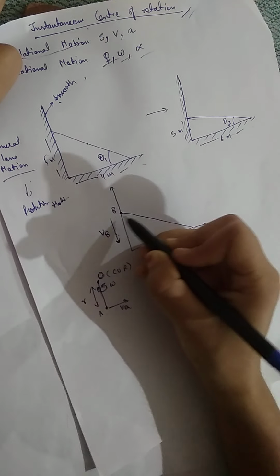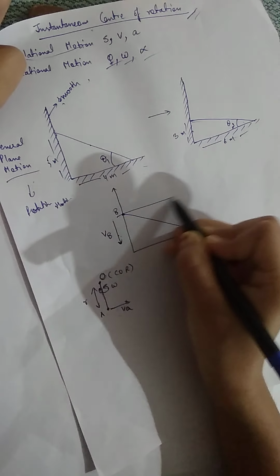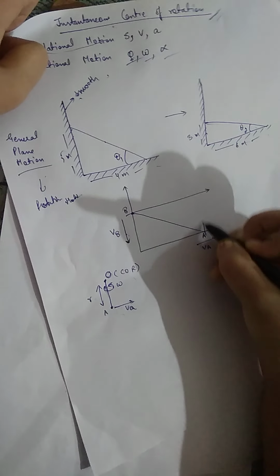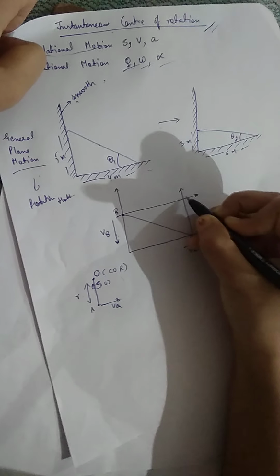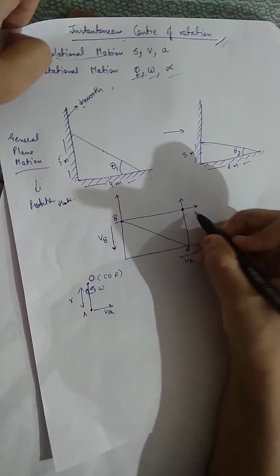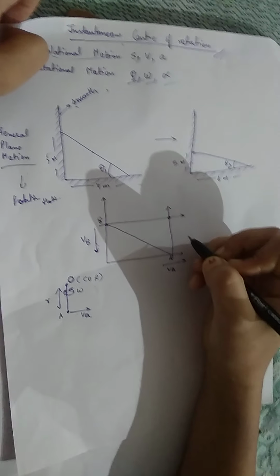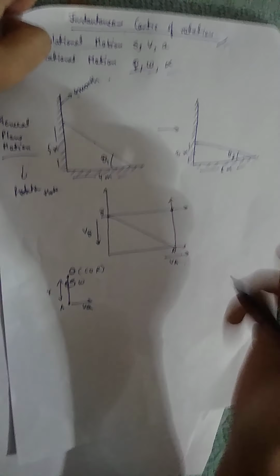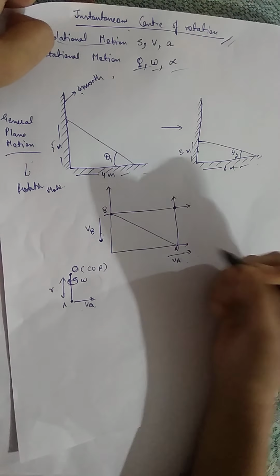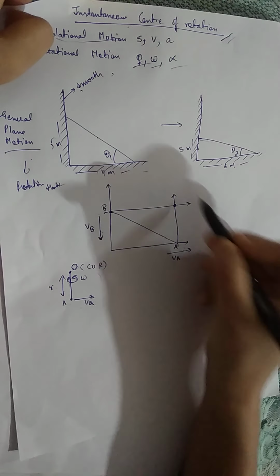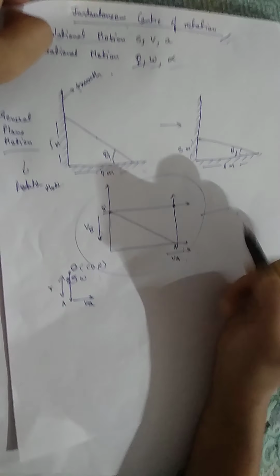We will take perpendiculars from here and here, and where these two intersect, this is our instantaneous center of rotation, because we will have one common instantaneous center of rotation for both of these points, since we are considering one scenario here.